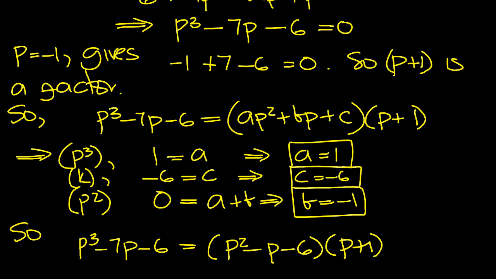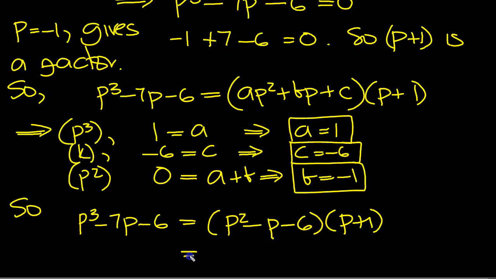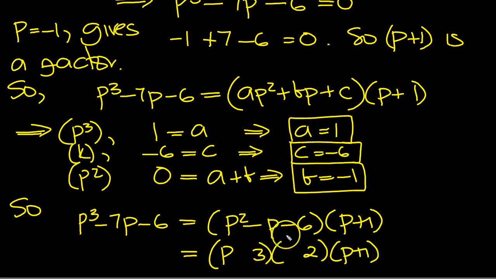So here, what have we got then? We can factorize this, hopefully. 2 and 3. So this would be minus 3 plus 2. p squared plus 2 minus 3 is minus p. Minus times plus is a minus, 3 times 2 is 6.